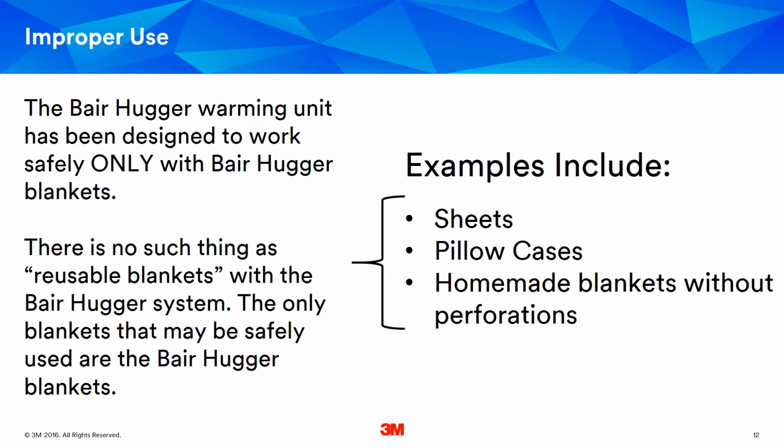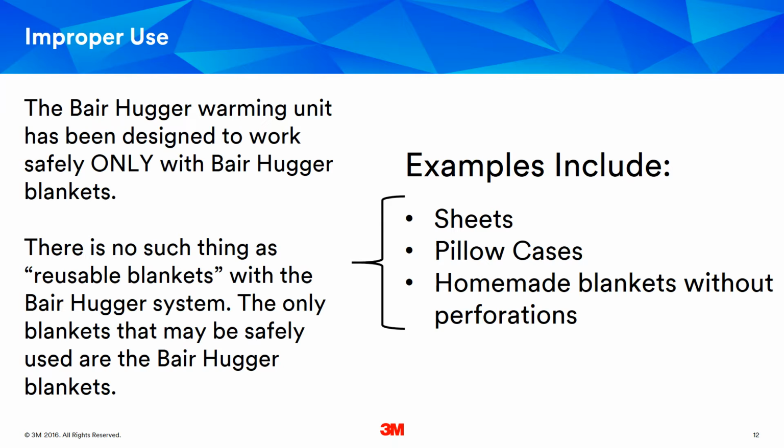Some examples I've heard from your customers of misuse of the Bair Hugger system include putting a warming unit hose between sheets, putting the hose inside a pillowcase, making their own blankets from woven fabric, and purchasing reusable blankets. This may be a passive or conductive way of warming.